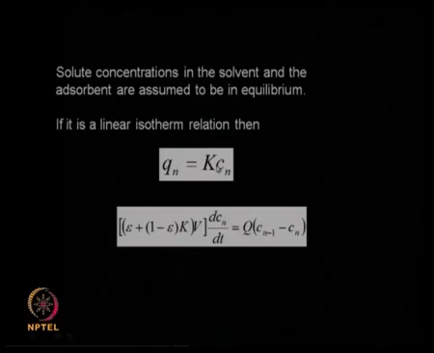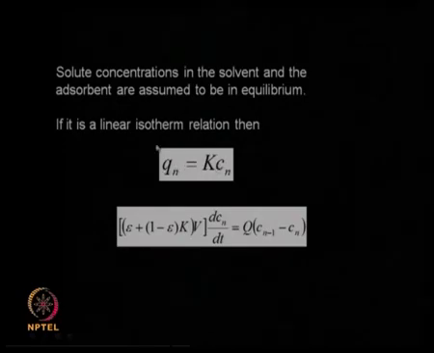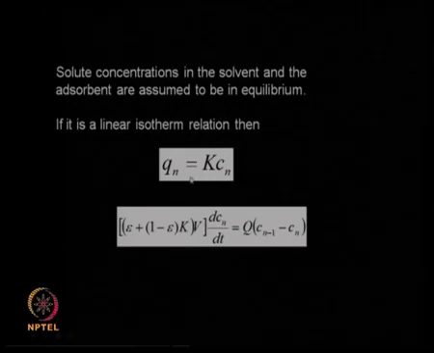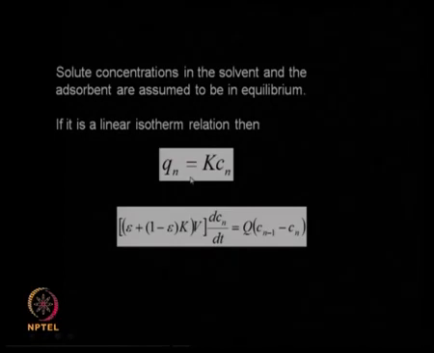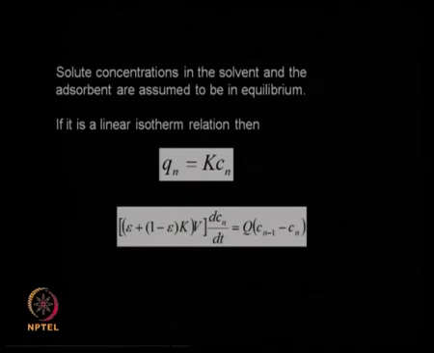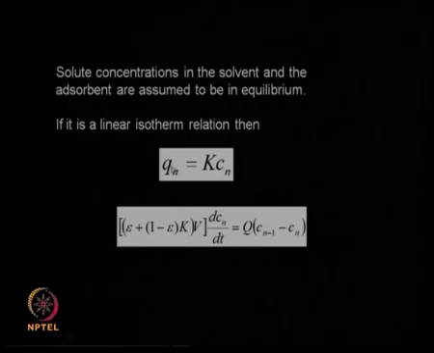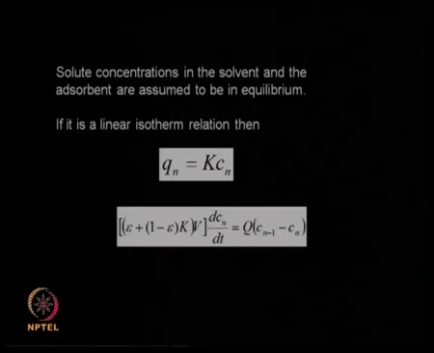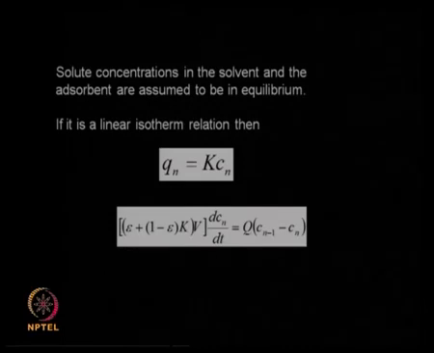We can have a non-linear relationship also, such as a Langmuir type of relationship, but here we are assuming a linear relation. So, Qn equal to K into Cn. This is a simple relationship. The simplest is that the solute adsorbed on the stationary phase and the solute in the mobile phase are linearly related.